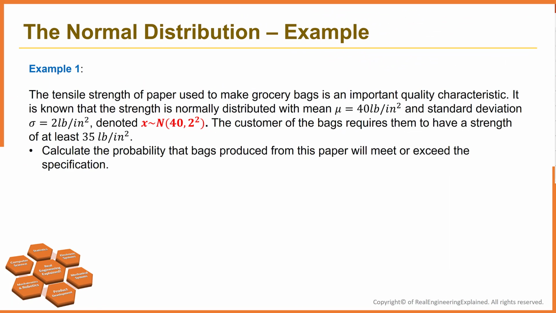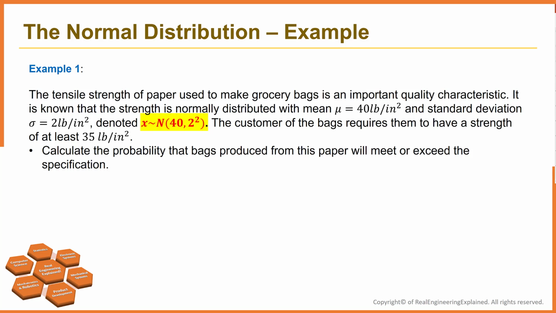Now let's look at two examples. We are going to solve these two examples in Minitab. The tensile strength of paper used to make grocery bags is an important quality characteristic. It is known that the strength is normally distributed with a mean of 40 pounds per square inch and a standard deviation of 2 pounds per square inch, denoted by this.